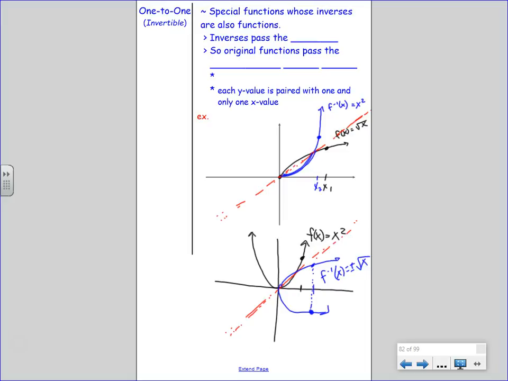Now, how are we going to know if an inverse fails a vertical line test? If the original fails a horizontal line test. So, square root of x was what we would call one-to-one, shortcut of actually writing it out. Or we would say it was invertible. Why? Because the inverse passed the vertical line test.